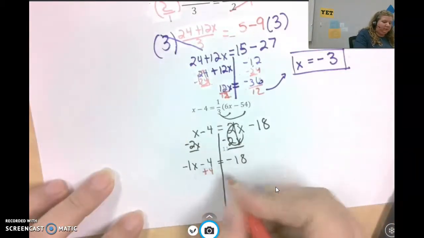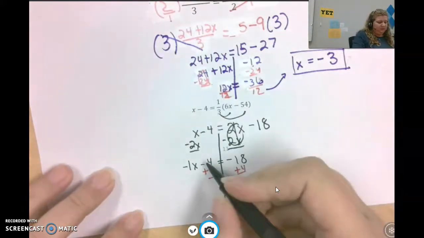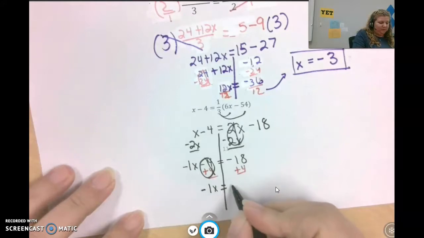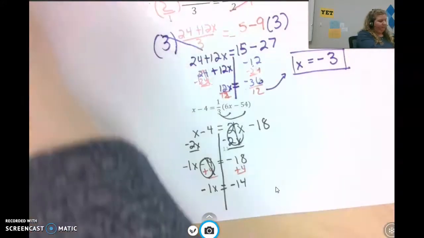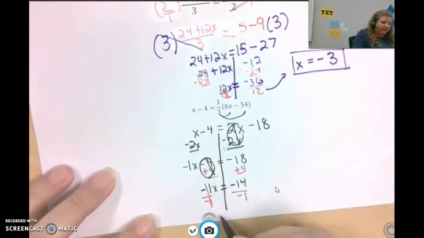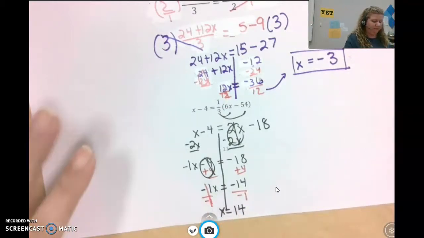Now I can add 4 to each side, moving the constants to the same side. And I've got negative 1x equals negative 14. Divide each side of the equation by negative 1, leaving me with x equals 14. And that is my answer for that equation.